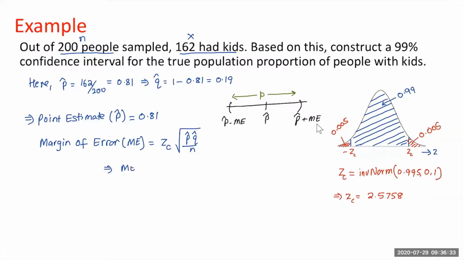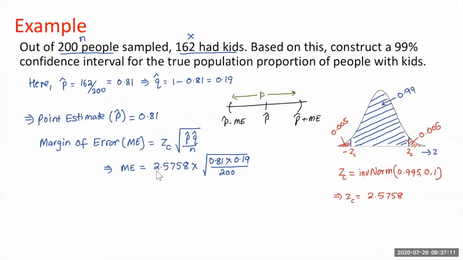So margin of error is equal to z sub c, or z critical, which we got here, 2.5758, multiplied by the square root of p hat, 0.81, multiplied by q hat, 0.19, divided by n. n is the sample size, which is 200.